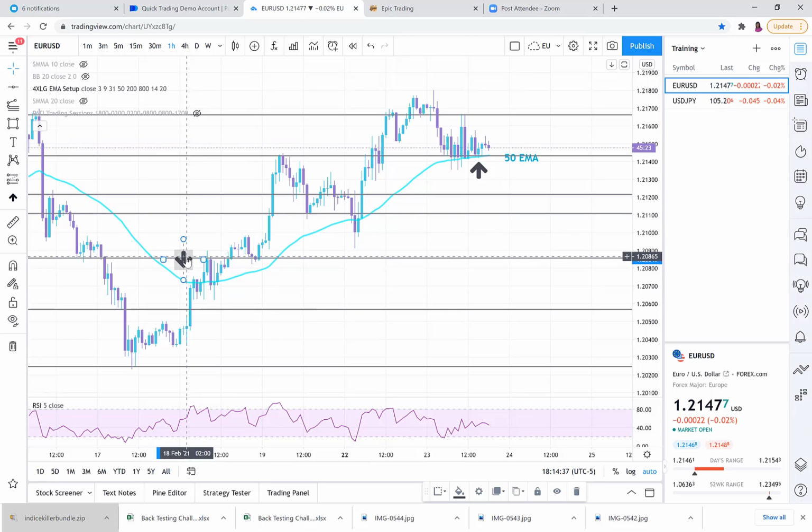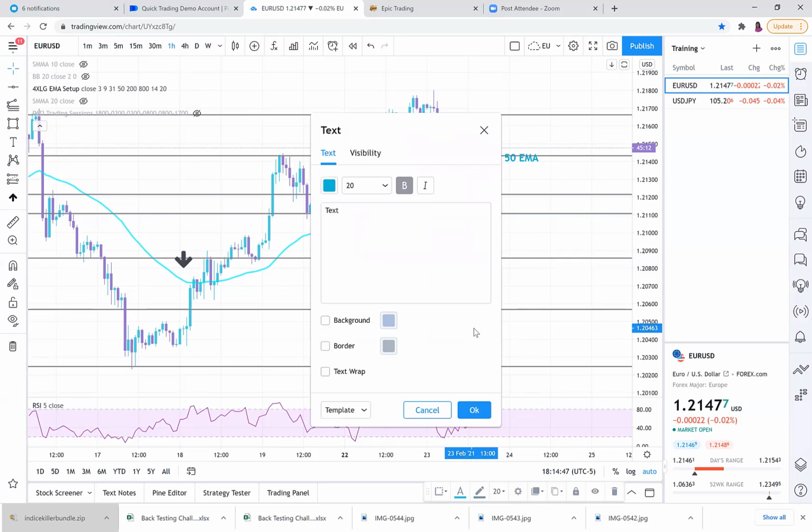And now this is what should get our attention, because we're going to use a really basic, just 50 EMA strategy where, and let's write this down: above the 50 EMA equals buy, below the 50 EMA equals sell.